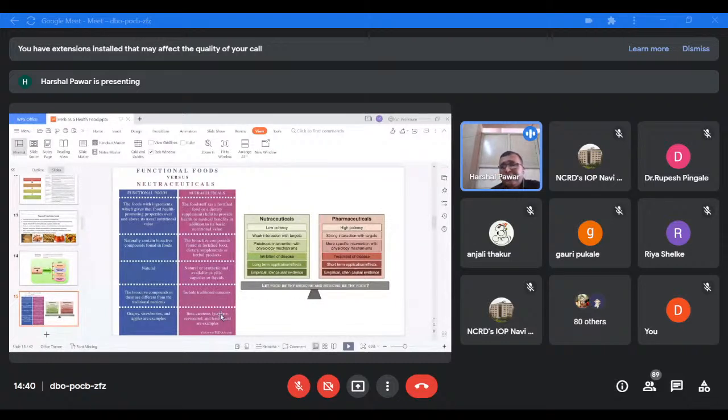Right, here this is the comparison I have provided you between nutraceuticals and pharmaceuticals. So nutraceuticals basically have less potency, no doubt, as compared to pharmaceuticals. They have weak interactions with targets as compared to pharmaceuticals.